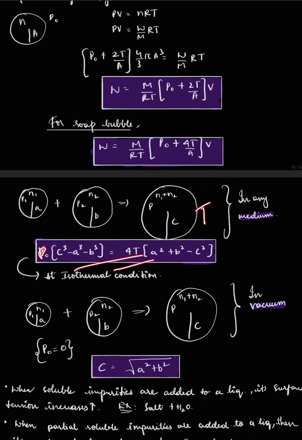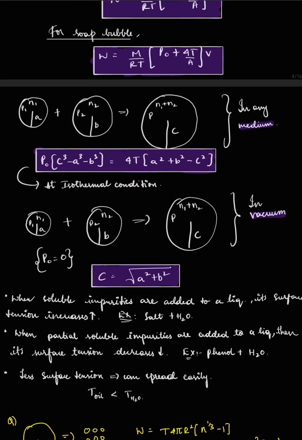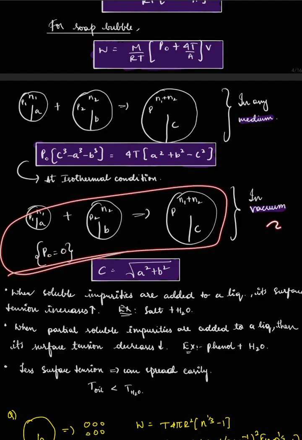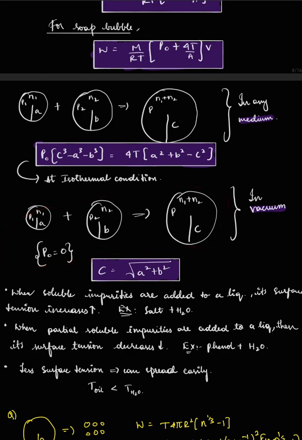At isothermal condition, temperature is constant, and in any medium, this is the formula. Next, when the same condition is taken in vacuum, then we apply this simpler formula.